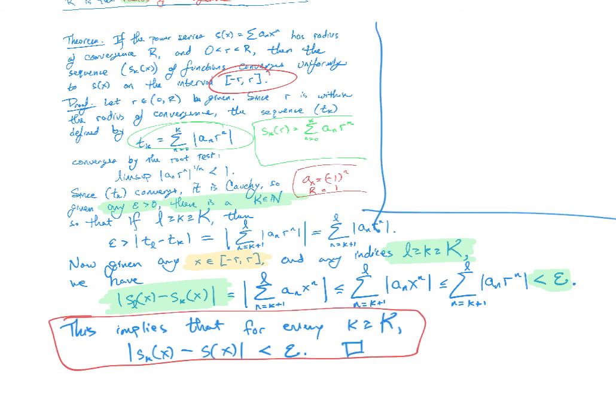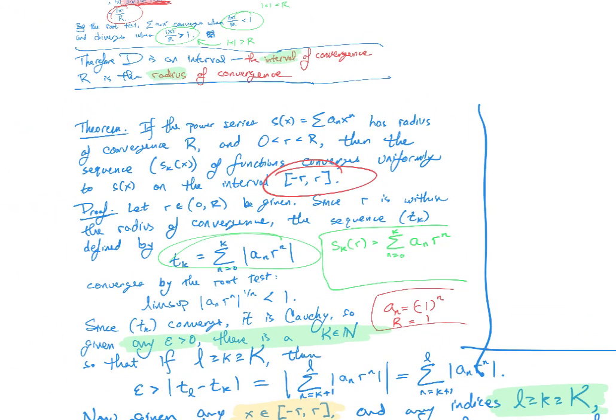Okay, so the way we remember this theorem is inside the radius of convergence, we have uniform convergence. At the endpoints we don't know, but inside we definitely do. That's this little r has to be less than capital R.